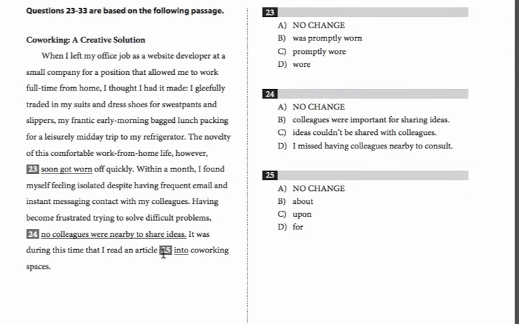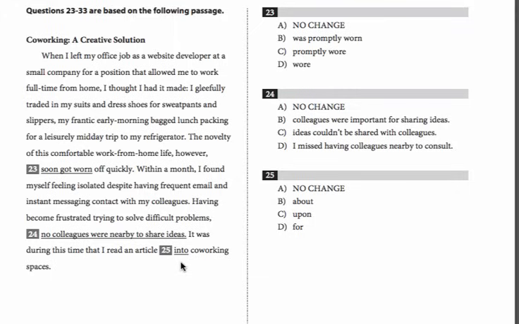And remember that the trick here is that whenever you aren't sure whether something's correct or not, you're not sure about the context, what you can do that's kind of cool is just try and say a sentence with the same setup and then fill it in yourself. So look away from the passage and in your head say, "I read an article blank spiders," right? I read an article about spiders.